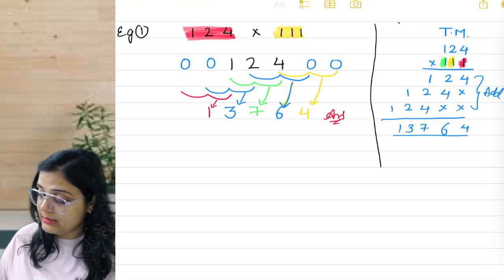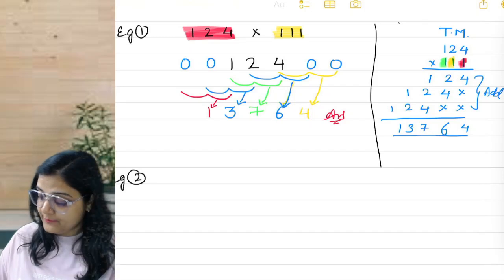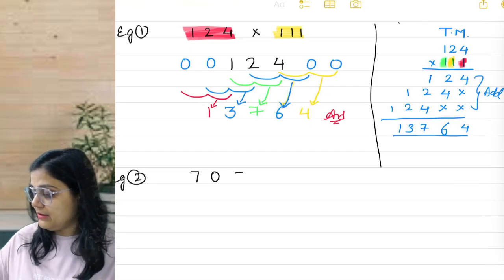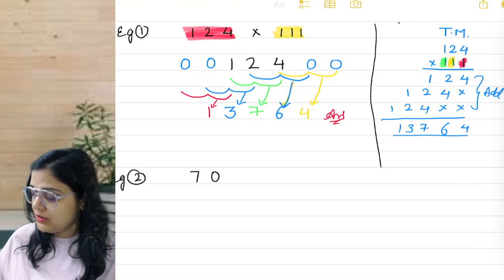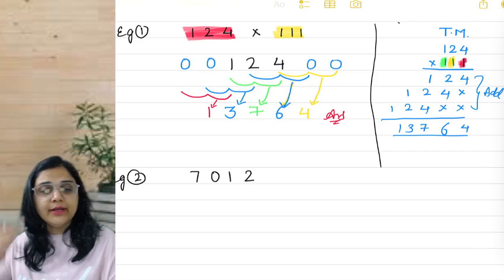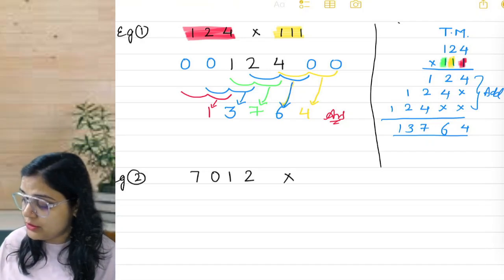I'm taking another example, example number 2, that is 7012. I'll take an easy number, and maybe the number of digits can be increased. We have to multiply 7012 with 111 again.